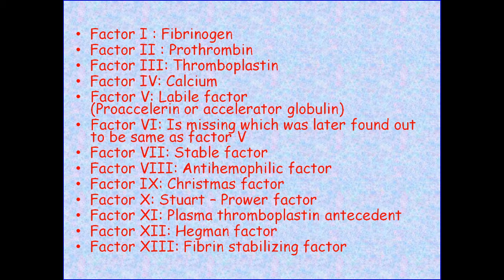Factor 8 is the anti-hemophilic factor. Factor 9 is the Christmas factor. Factor 10 is the Stuart-Prower factor. Factor 11 is plasma thromboplastin antecedent. Factor 12 is the Hageman factor and factor 13 is the fibrin stabilizing factor. All these factors are written in Roman numerals from 1 to 13.